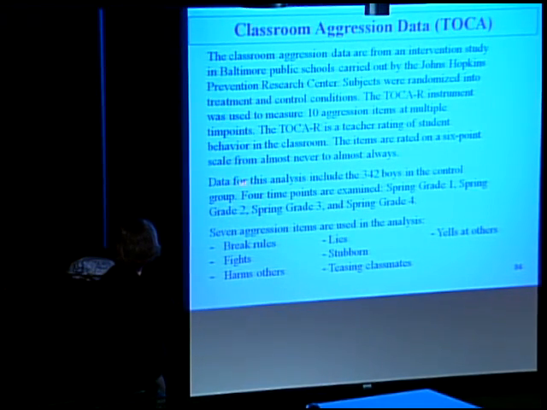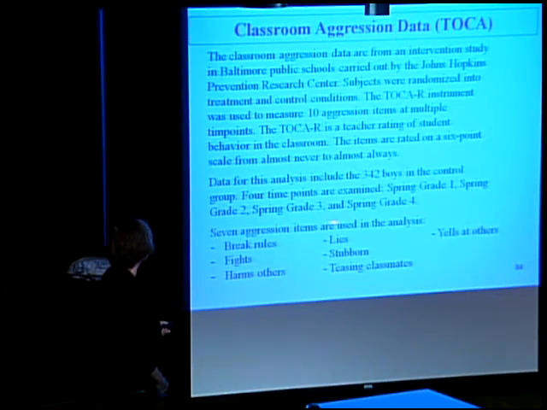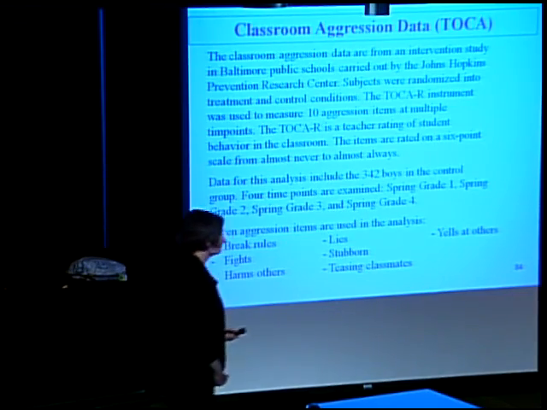We're going to look at 4 time points: spring grade 1, spring grade 2, spring grade 3, and spring grade 4. And we're going to have 7 aggression items in our latent variable, which we're going to call aggression: breaking rules, fighting, harming others, lying, being stubborn, teasing classmates, and yelling at others. Okay.